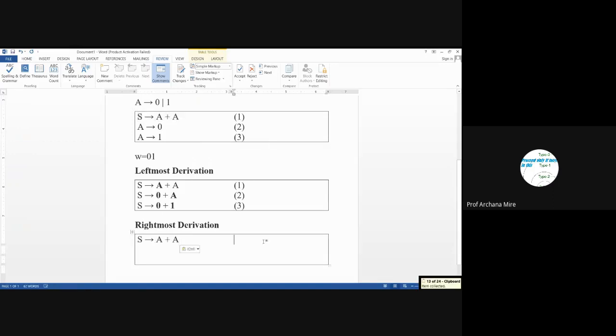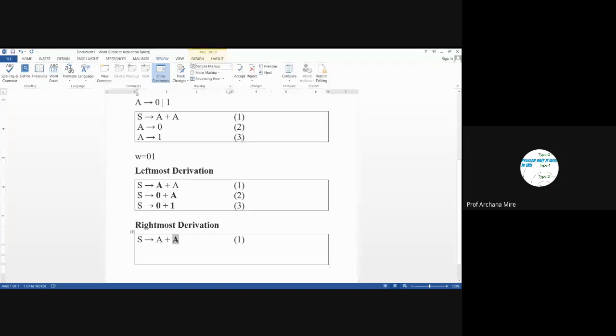That is production rule number 1. Now we are applying rightmost derivation. That's why this is the rightmost non-terminal on which I will need to apply a production rule. So which production rule will I use first, production rule number 2 or production rule number 3?